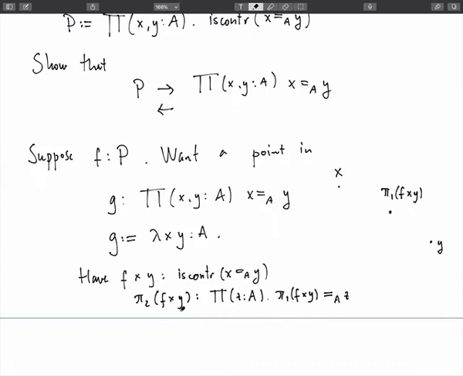So pi2 fxy is a function. I give it z, it gives me a map from this point to z. If I give it y, it gives me a map from here to y. That is the map pi2 fxy applied to y. And if I apply this map to x, I will get a path from this point to x, which is pi2 fxy x.